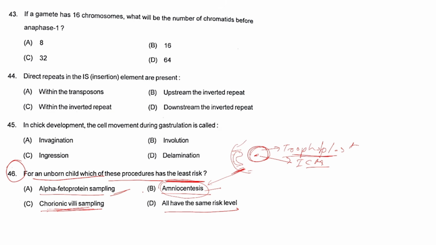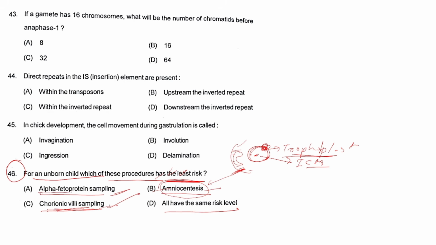So in chorionic villi sampling, we are taking a small sample from this trophoblast layer and we are examining it. So this is also a physical process, and this may project some sort of danger, some sort of risk to the fetus. Okay, so amniocentesis and chorionic villi sampling, both are risky.